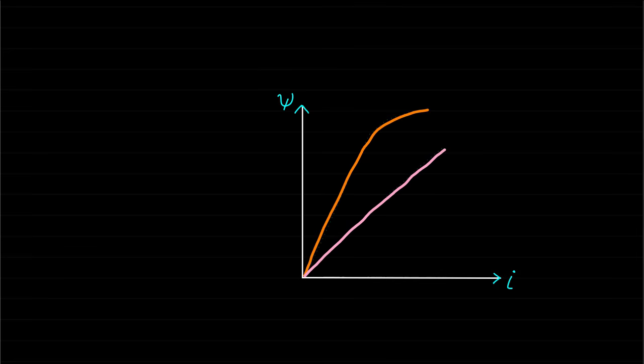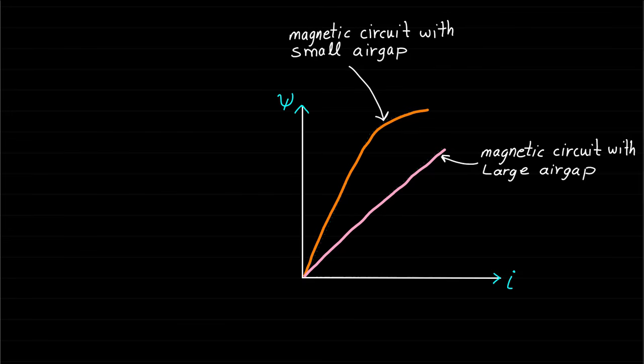This figure shows the psi-I characteristics of two magnetic circuits, one with a small air gap and the other with a large air gap. Now, if we want to magnetize the two magnetic circuits to a certain magnetic field linkage psi1, the magnetic circuit with a small air gap will require a small current I1, while the magnetic circuit that has a large air gap will require a larger current I2 to achieve the required magnetic field linkage psi1.